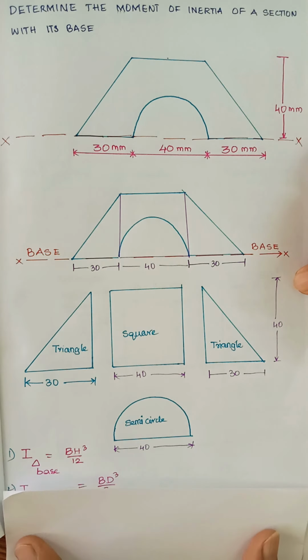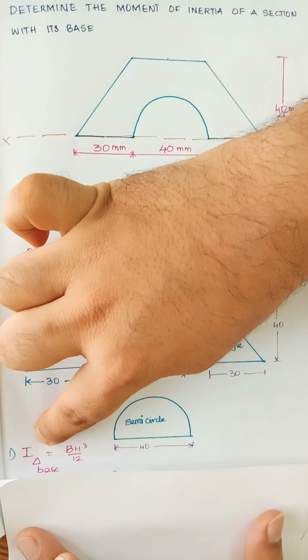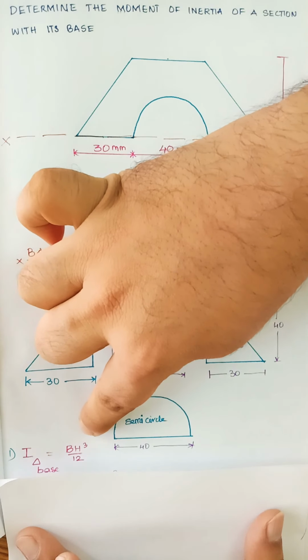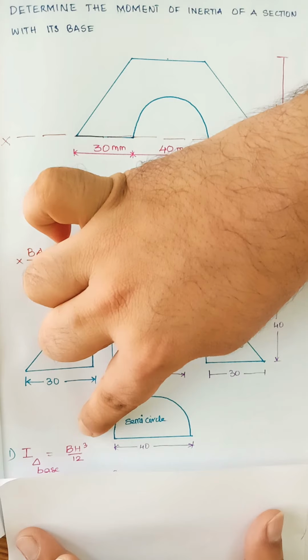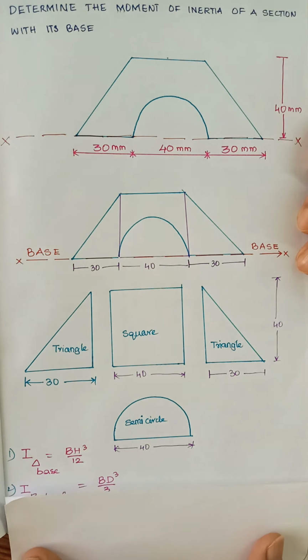First, the moment of inertia of a triangle with respect to its base will always be equal to bh cube divided by 12. Next, the moment of inertia of a rectangle with respect to its base is equal to bd cube divided by 3, where b is the width and d is the height, whether it is a square or a rectangle.